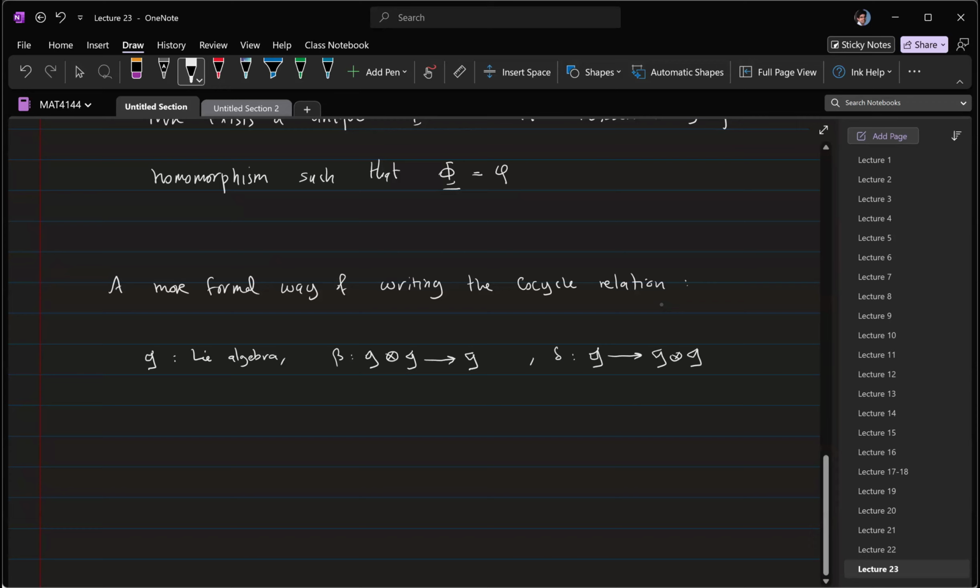Okay, so what is the relation in terms of beta and delta that describes this cocycle relation? I want to just use minimal notation, not use any brackets or anything, just use beta and delta as much as possible.